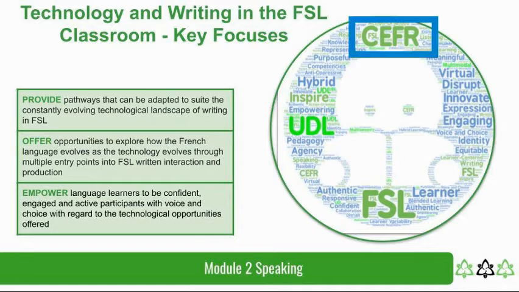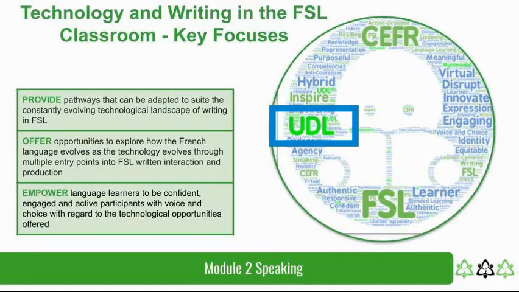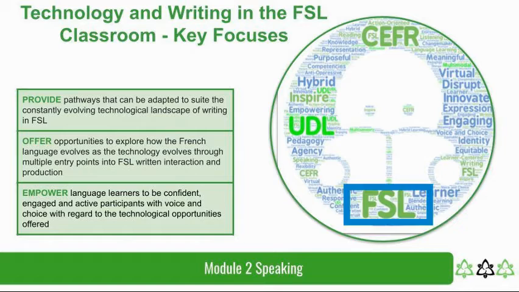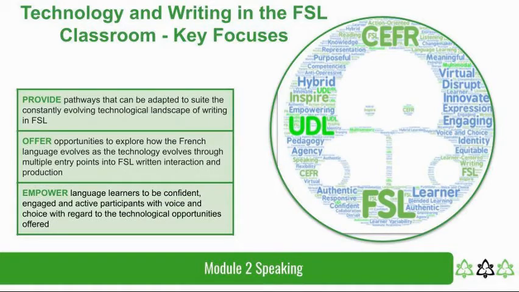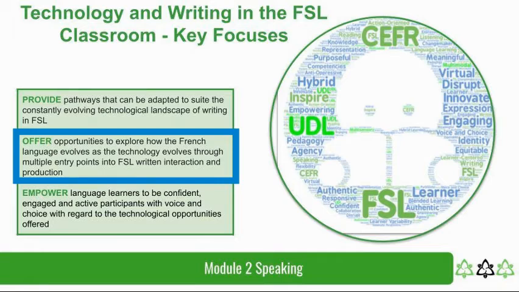The Common European Framework of Reference, the Universal Design Process, and Ministry FSL resources are all anchoring documents which provide pathways to support FSL educators and learners. Educators can draw from these supports to inform their planning and to select the technological tools they feel provide the best pathways to access appropriate entry points into written interaction and production.